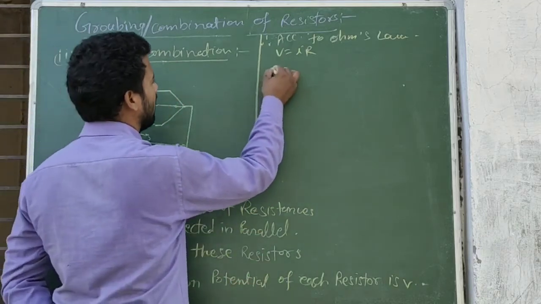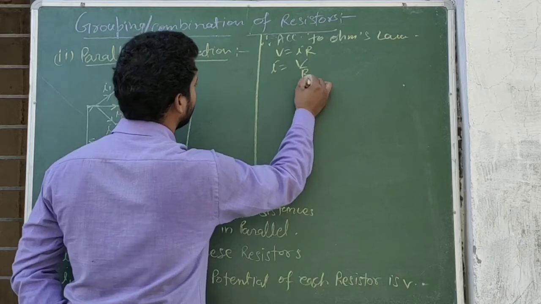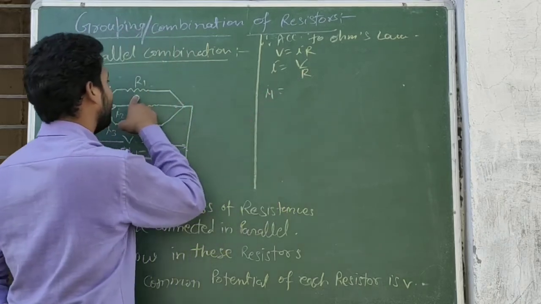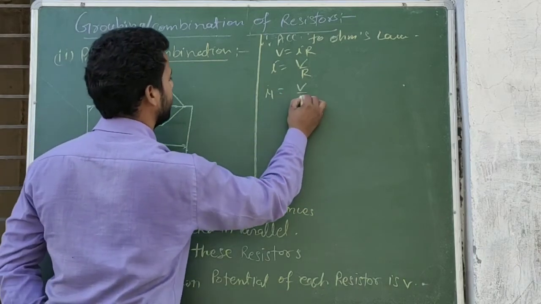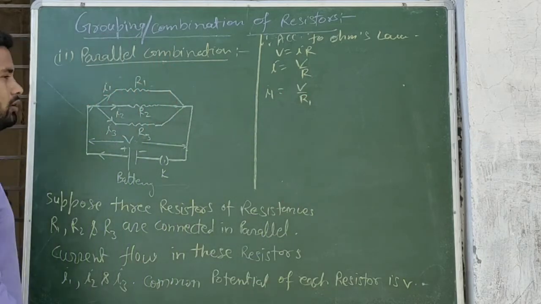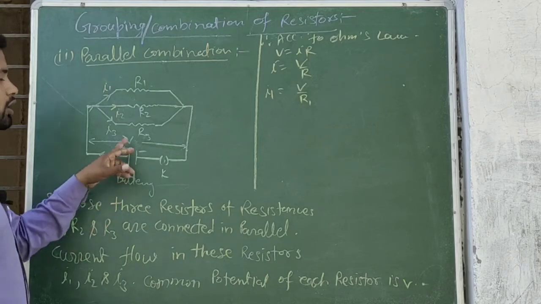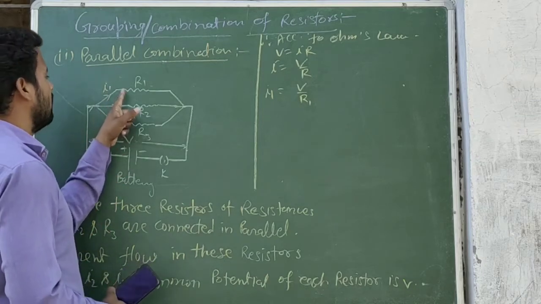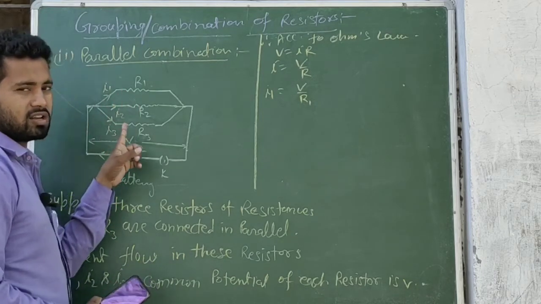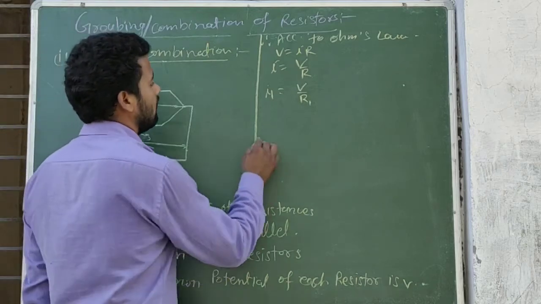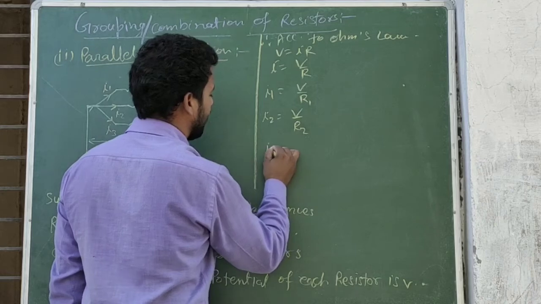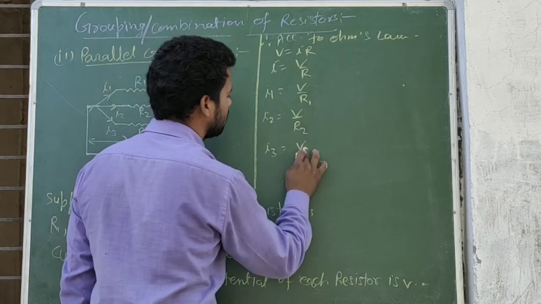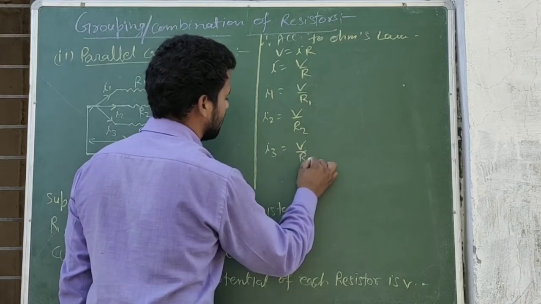So I equal to V by R, and I1 for the first resistor equal to V by R1, because the potential of each resistor is common and the current in each resistor is different. I2 equal to V by R2, I3 equal to V by R3.